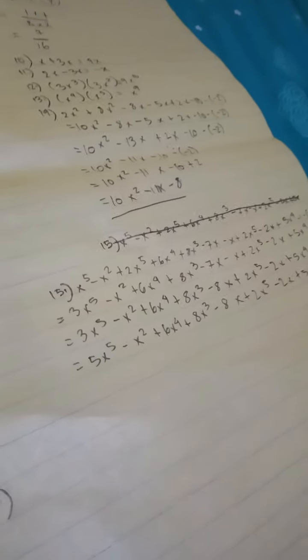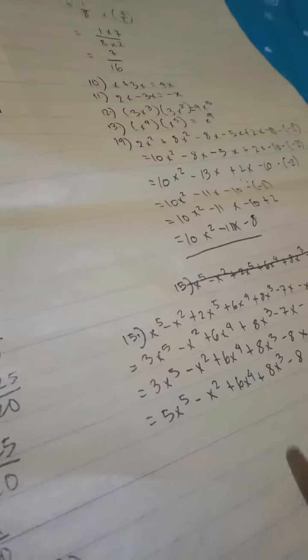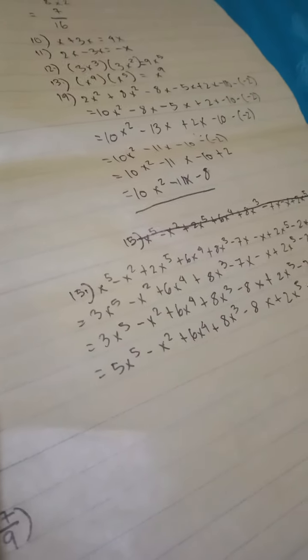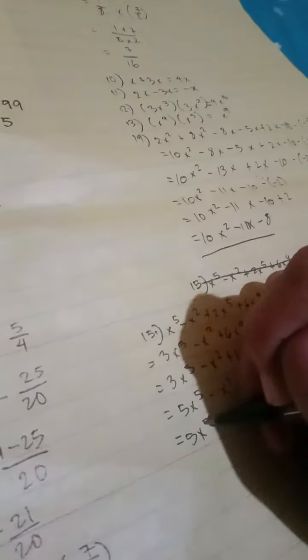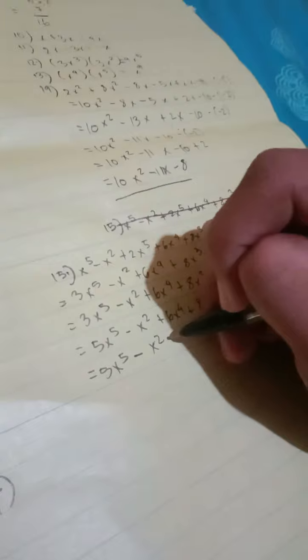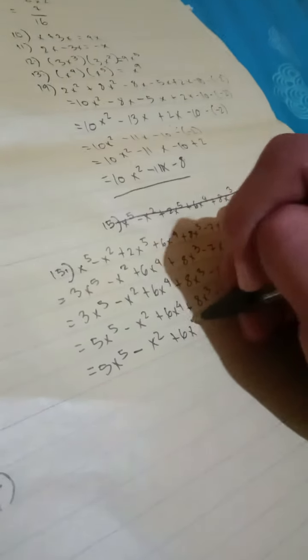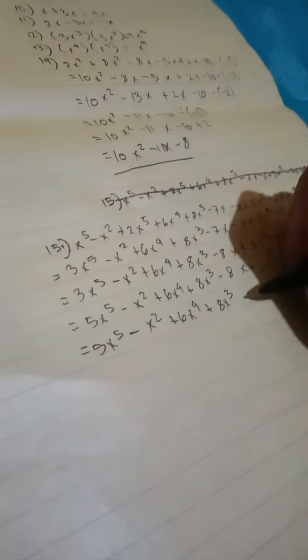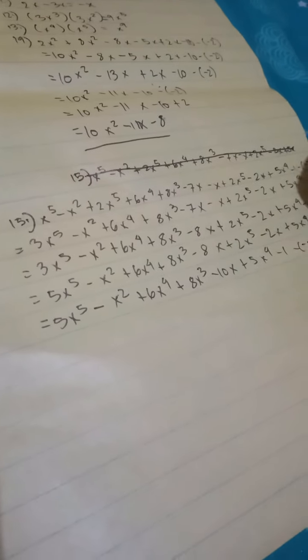Then next, we're going to combine the negative 8x and negative 2x. These two, we combine to get negative 10x. 5x to the 5 minus x squared and 6x to the 4 plus 8x to the 3 and negative 10x plus 5x to the power 4 minus 1 minus 3.